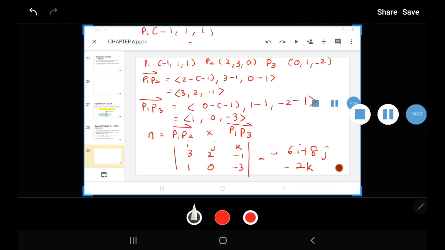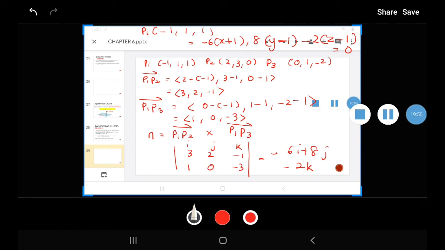It is the vector, and x minus 1, x plus 1, and 8 y minus 1, minus 2, and for k it is z minus 1. So that, don't forget, equal to 0. So that is your line of equation.